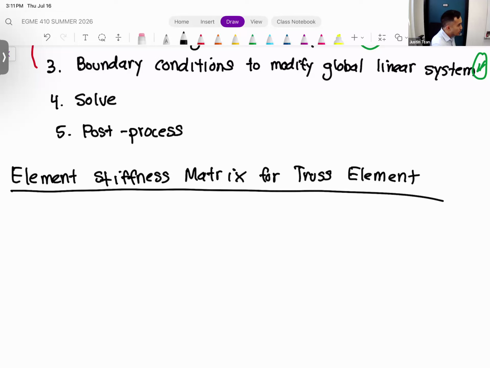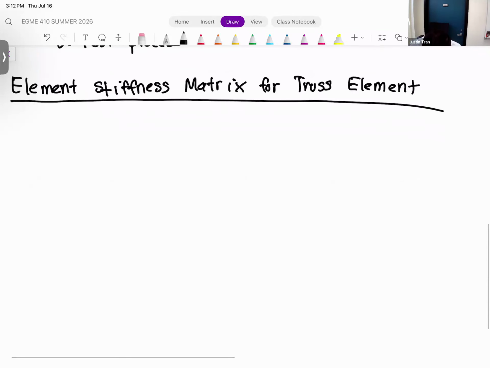That derivation took Hooke's law and generalized it for a case where we had 2 degrees of freedom on a spring. We're going to proceed in a very similar way here. The only difference is that we have a different governing equation. Instead of Hooke's law, we have our general stress strain relationship. So let's start with a figure of a truss bar.